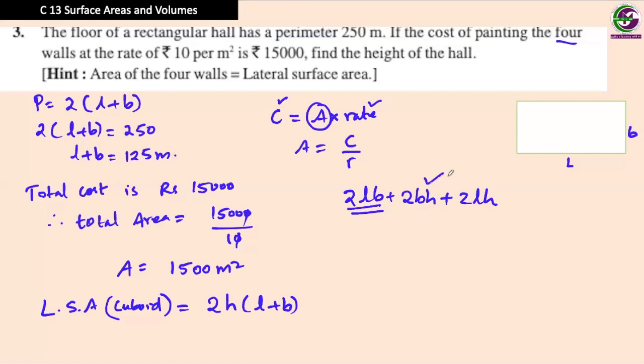So we will have only these two for lateral surface area. And we can simplify the expression this way. And now we know L plus B is 125. So this can be replaced as 125 times height times 2 is equal to the total area, 1,500 from here.